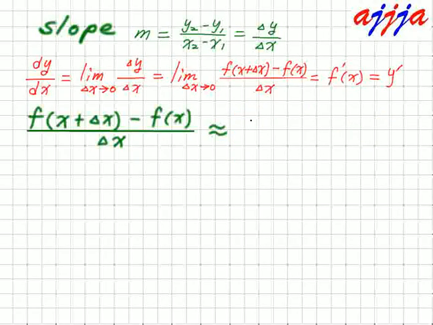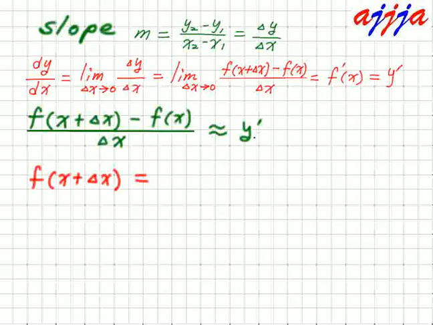So now I'm making this equation a lot simpler, which is almost the same as what? The derivative. Just like this, or you can use f prime of x. Doesn't matter. Now if I move everything away, this looks like this: f of x plus delta x equals, watch this.